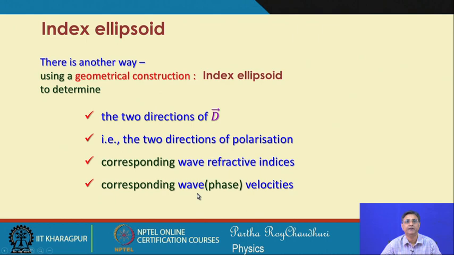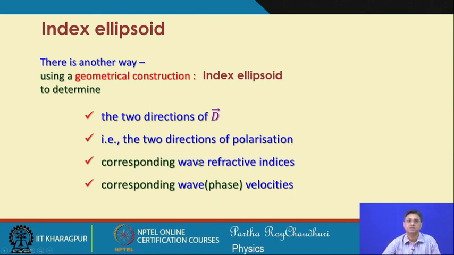Now, we will make a different approach, that is a geometrical construction, and will be called as index ellipsoid construction. This will again help us to determine the same thing, that is the two directions of the displacement vector, that is the two directions of the polarization when the direction of propagation of the electromagnetic wave is specified.